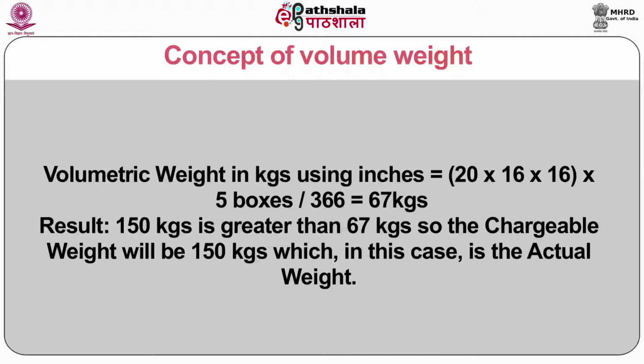Volumetric weight in kgs using inches: 20 into 16 into 16 into 5 divided by 366, equal to 67 kgs. Result: 150 kgs is greater than 67 kgs. So the chargeable weight will be 150 kgs, which in this case is the actual weight.